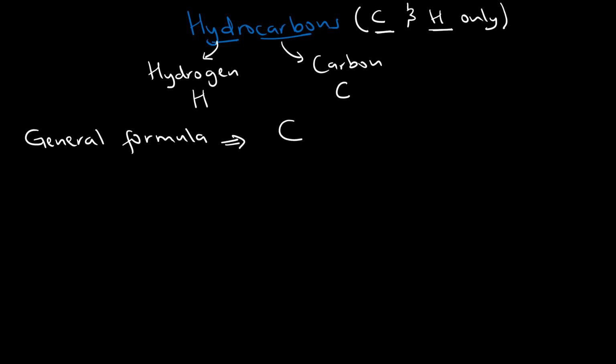So we shall have C with a subscript, and then we shall have our hydrogen, and lastly the hydrogen atoms will also have a certain subscript. Let us use X and Y: CxHy. So it has a general formula CxHy.